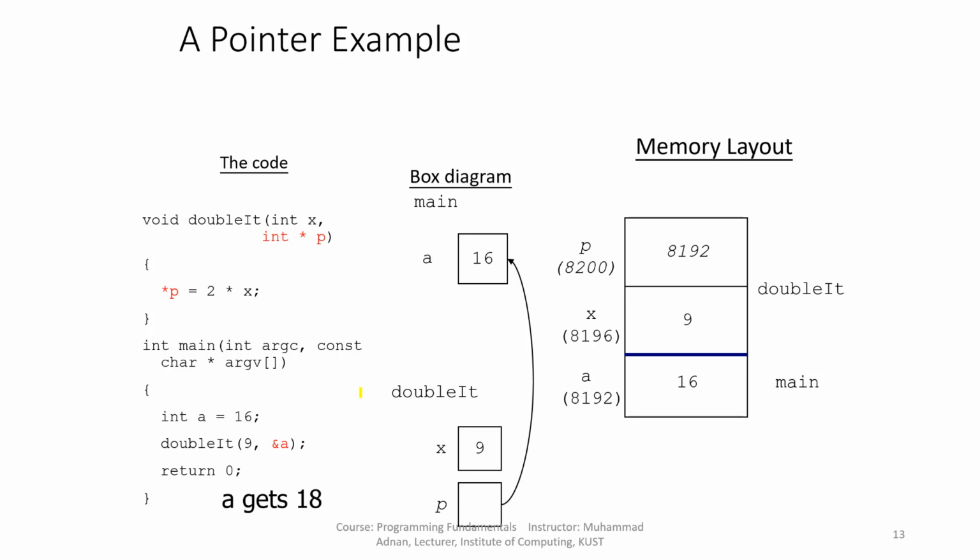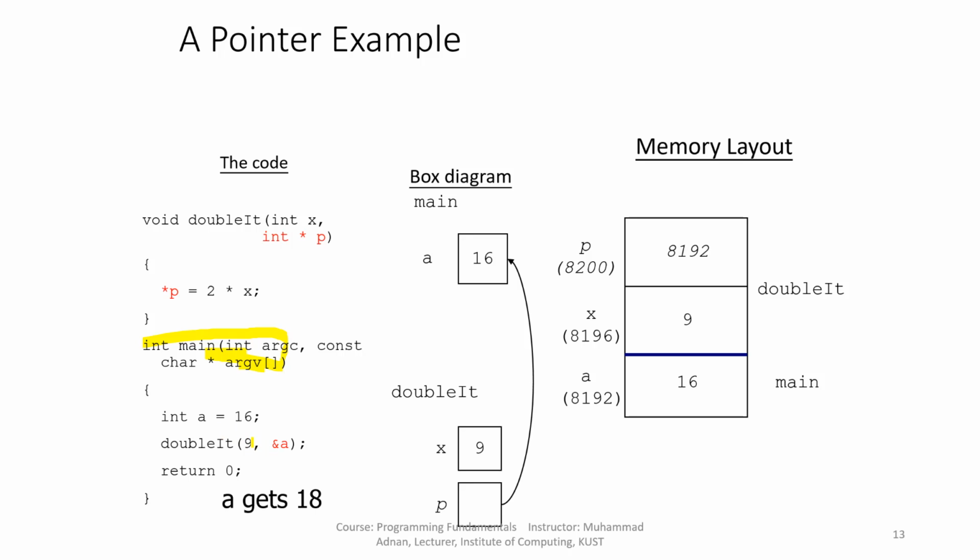So now we have this example. This is the code where we have a main function. Main has a variable a, which is holding the value of 16, and then we are calling the double it function.